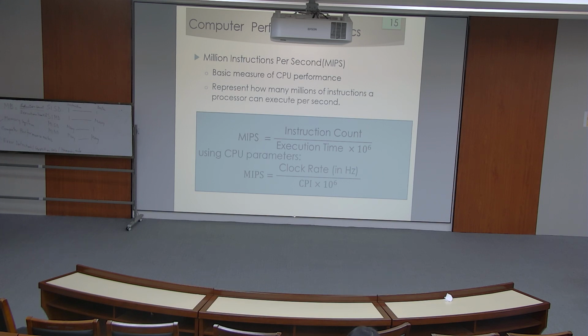When using the CPU parameters, you can also have million instructions per second equals the clock length, which needs to be in hertz, divided by cycles per instruction times 10 to the power of 6.